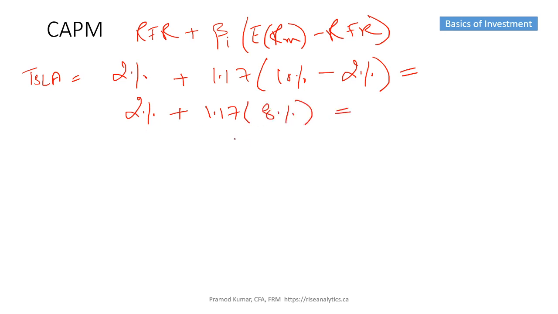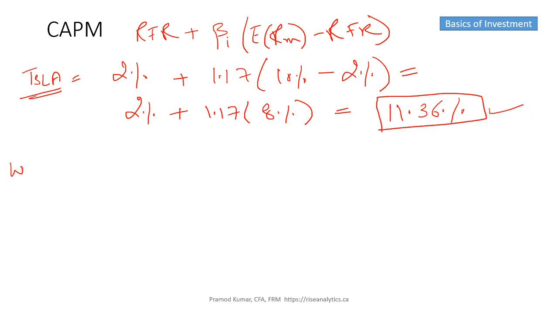If I solve this, let me take my calculator. So 8 times 1.17 plus 2. So this comes to 11.36%. Okay, so this means this company must be able to provide this return. This is the required return on the equity for Tesla.